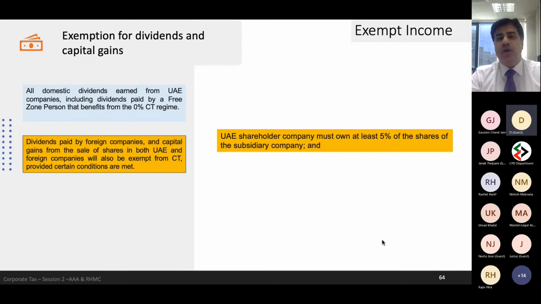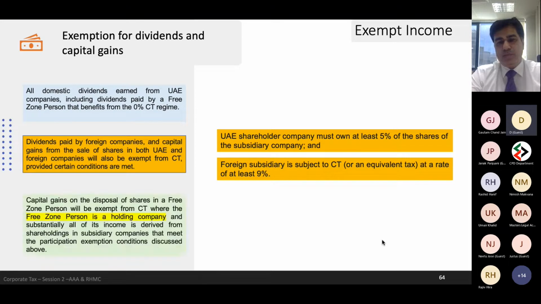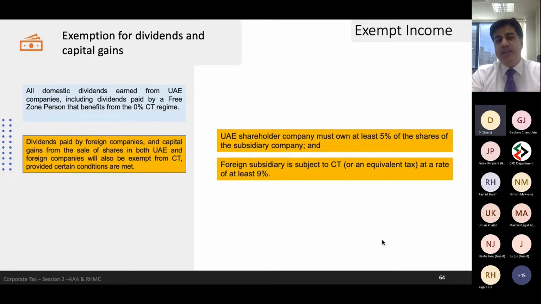Now, what conditions need to be met? The UAE shareholder must own at least 5% of the shares of the subsidiary company, minimum 5%. And the foreign subsidiary is subject to corporate tax at a rate of at least 9%. If both these conditions are met, then only you can call it exempt. If you own less than 5%, you cannot take that benefit.